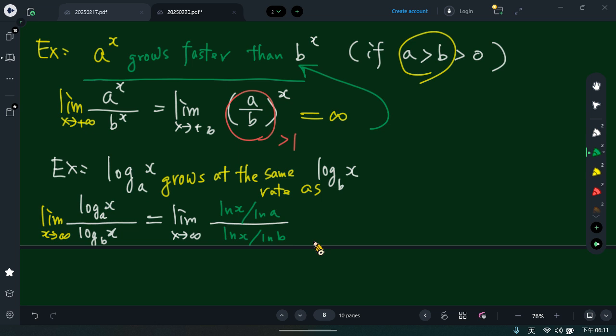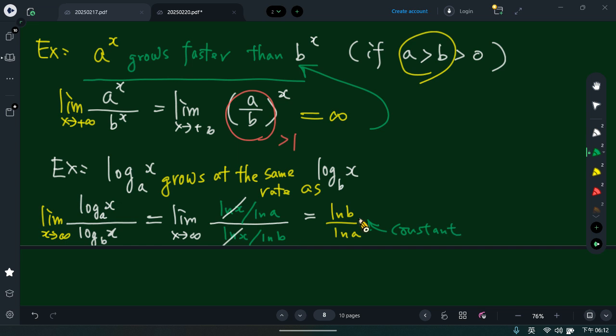Then we can get the result: cancel. Then this is constant. ln a is constant. ln b is also constant. So the final result is ln b over ln a. So see here it's a constant.